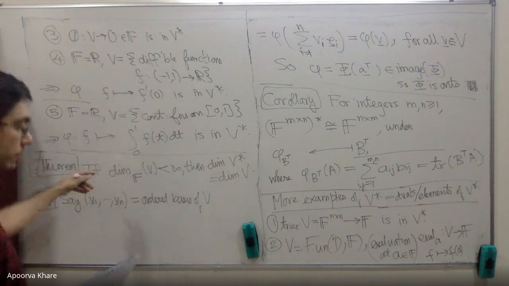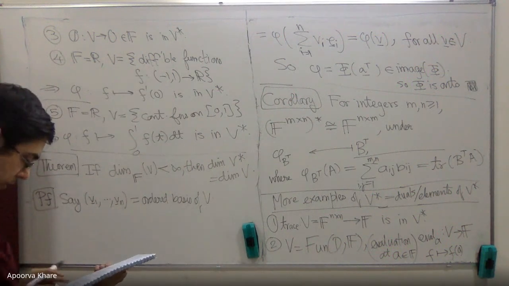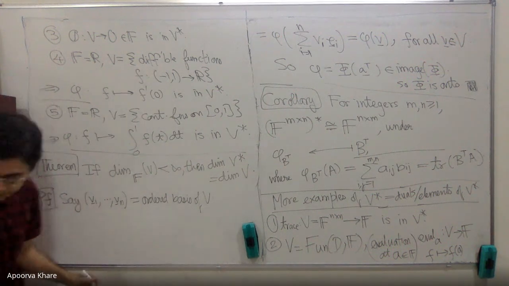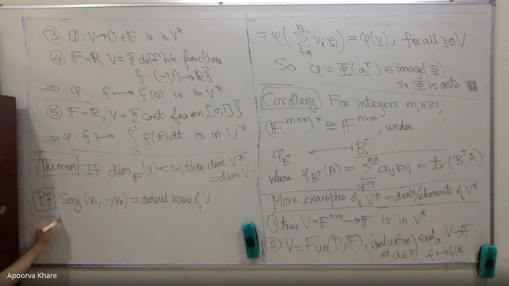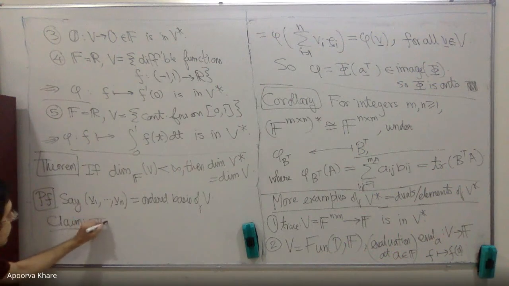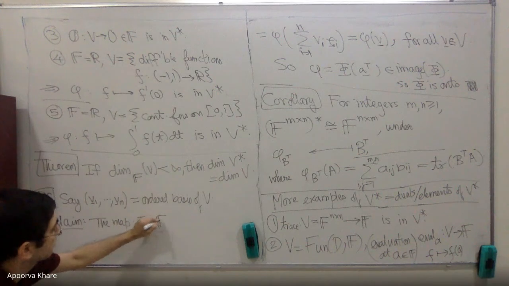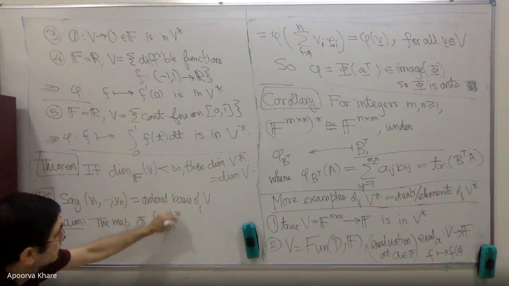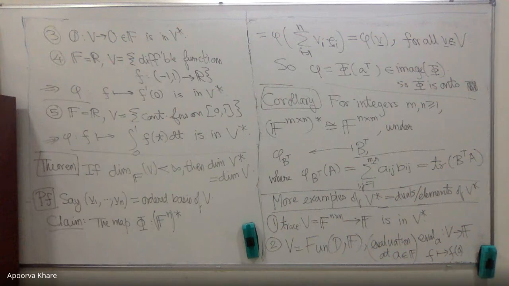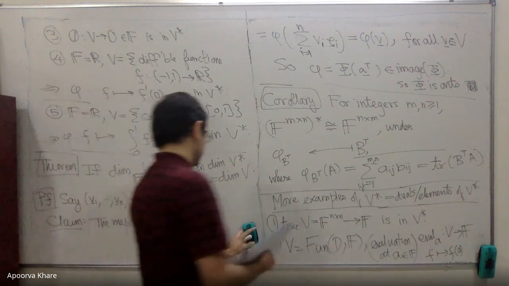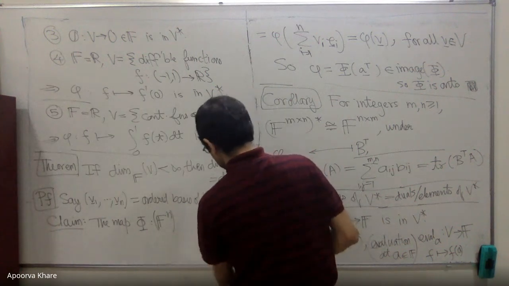We know the isomorphism between, so in fact, I will jump that step and say I claim the map, let's still call it capital Phi, from Fn star, sorry, Fn star is Fn transpose, to V star. I can even call it transpose, doesn't matter.